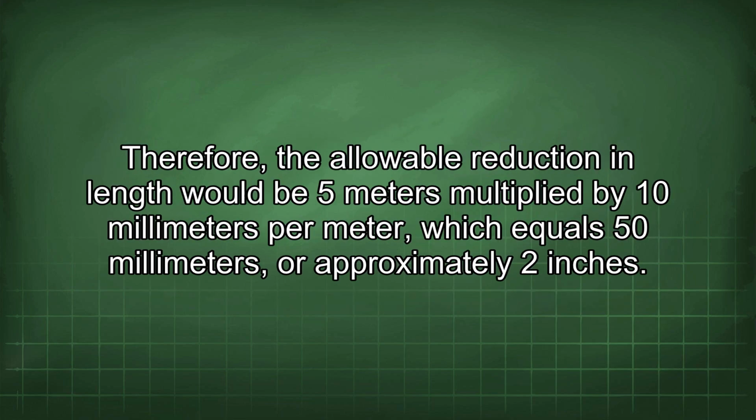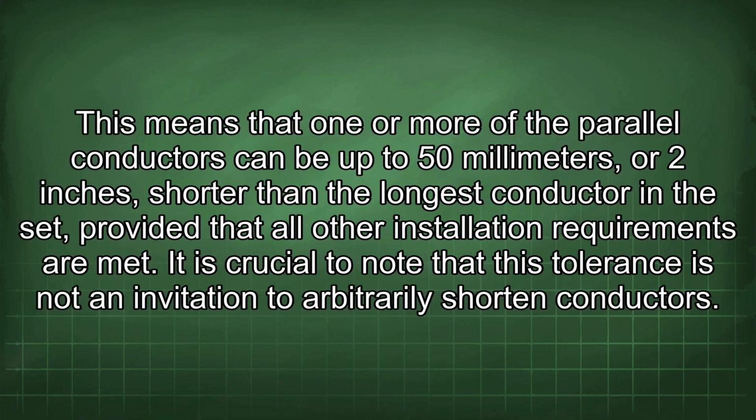Therefore, the allowable reduction in length would be 5 meters multiplied by 10 millimeters per meter, which equals 50 millimeters, or approximately 2 inches. This means that one or more of the parallel conductors can be up to 50 millimeters, or 2 inches, shorter than the longest conductor in the set, provided that all other installation requirements are met.